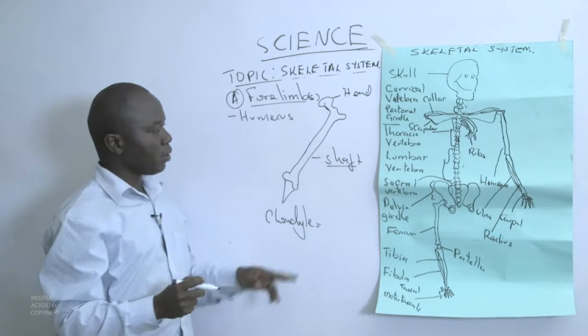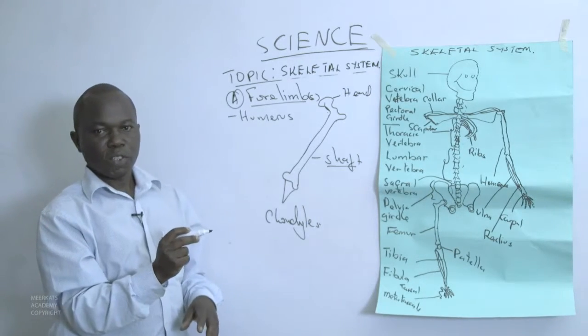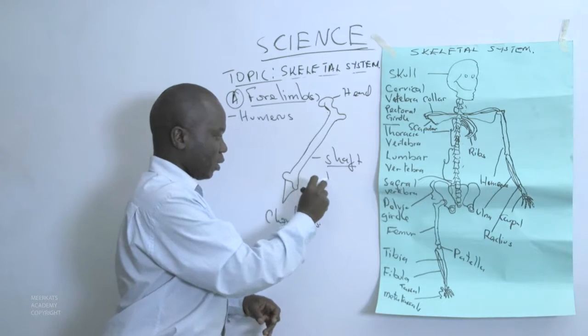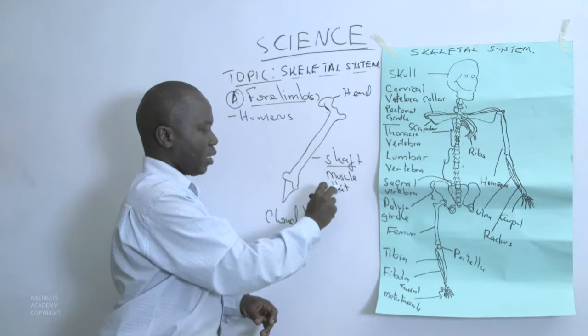The shaft region is the one that provides surface for muscle attachments. It provides a site for muscle attachments.